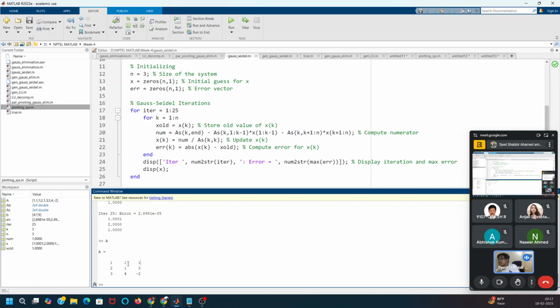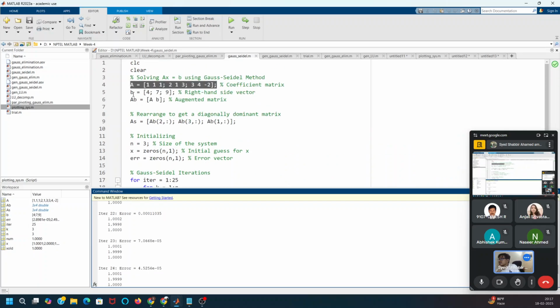So this is not a diagonally dominant matrix. If I go to the second row, 1 is not greater than or equal to 2 plus 3. So it is less than 2 plus 3, and this is not a diagonally dominant matrix.